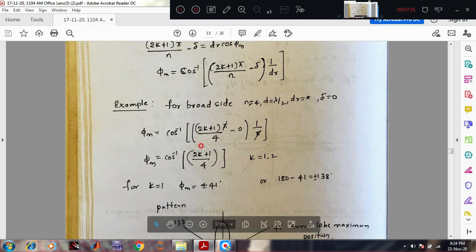Now let us see for a broadside array, n is equal to 4, d is equal to λ/2, dr is equal to π, and δ is equal to 0. What is the maxima angle?